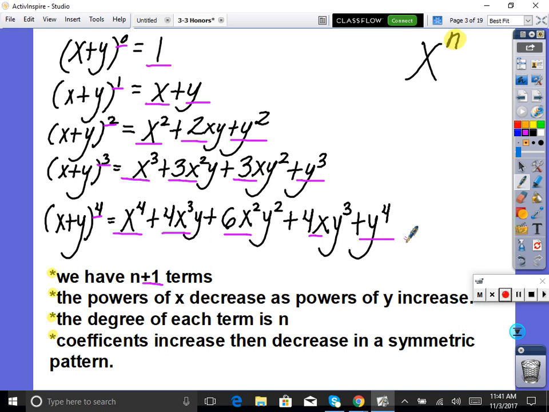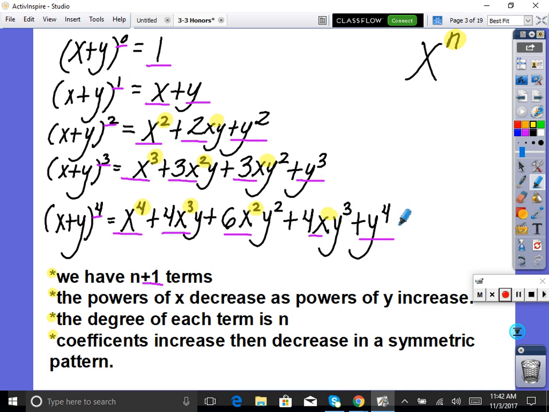Now I also want you to notice that the powers of x decrease as powers of y increase. So look with me. x squared, x to the 1, x to the 0. Do you see how x is decreasing? Look, let's look here. x to the third, x to the second, x to the first, x to the 0. x to the fourth, x to the third, x squared, x to the 1, x to the 0.